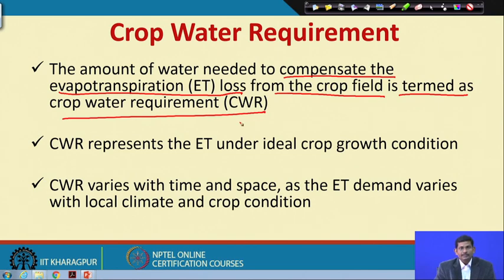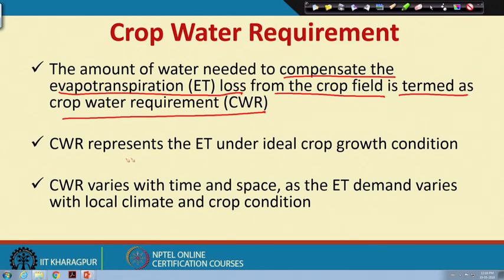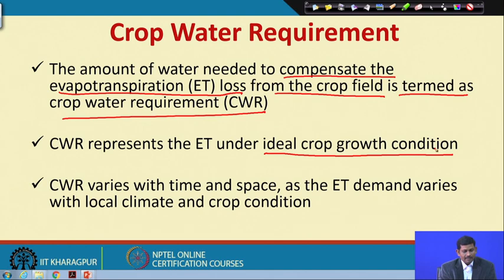So, the amount of water needed to compensate the evapotranspiration is called the crop water requirement, and it represents the ET under ideal crop growth conditions. Crop water requirement varies with time and space.